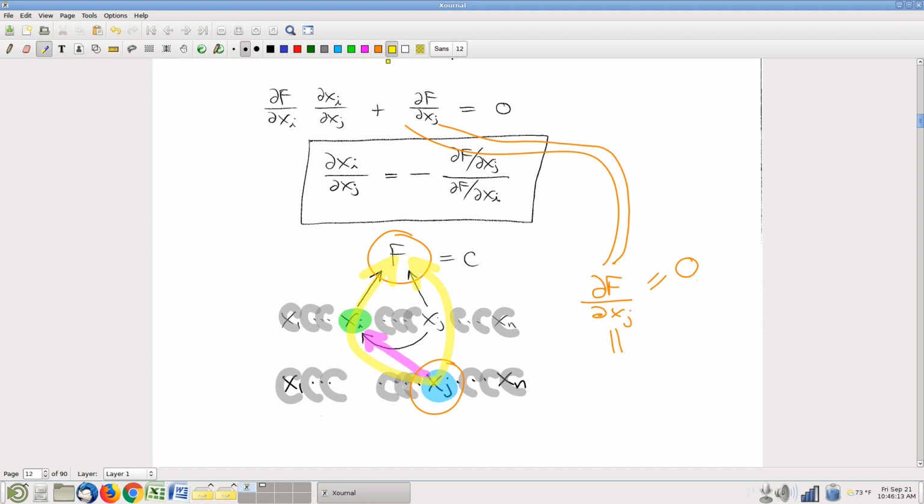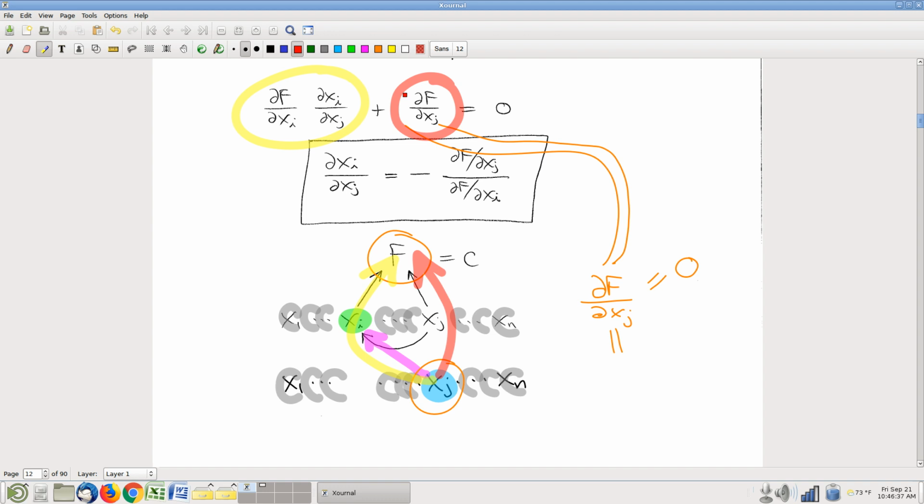The first term, let me color code better, and then the second term, again with the colors. Second term is that. What's the partial of xj with respect to xj? Well, of course, that's 1.